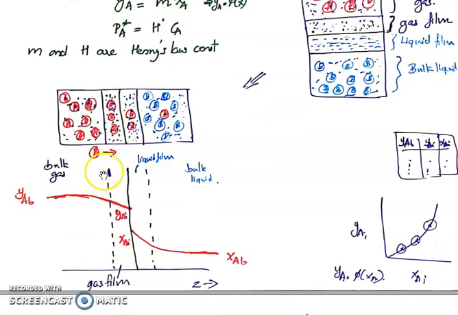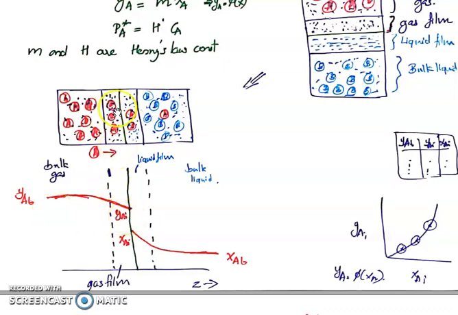So the flux with which molecules diffuse can be represented as NA, and we can see the driving forces that will allow the molecules to transfer through the interface. Here the concentration difference existing between the boundaries of the gas film is YAB and YAI.